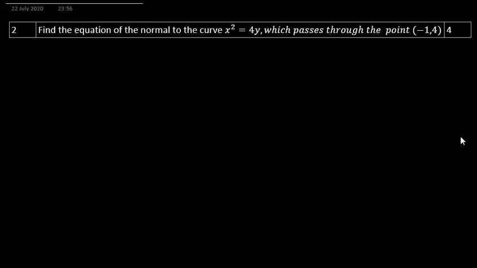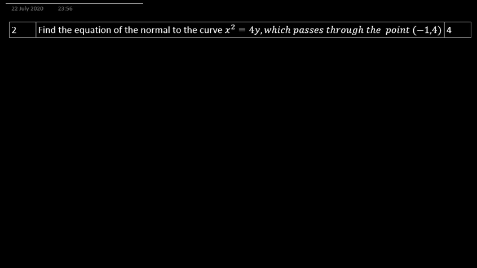Now the second question is: find the equation of normal to the curve x square equal to 4y which passes through the point minus 1 comma 4. In this question also we don't know the point on the curve where this normal is touching.